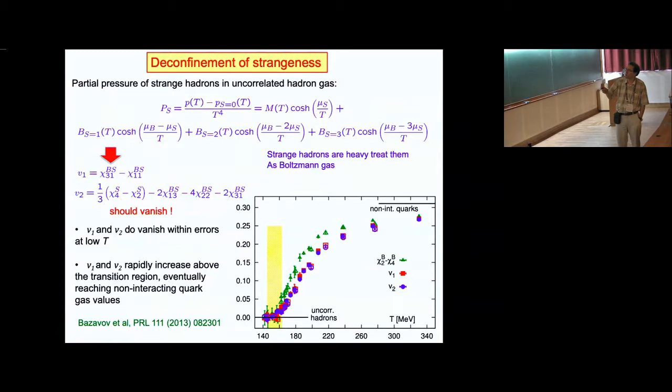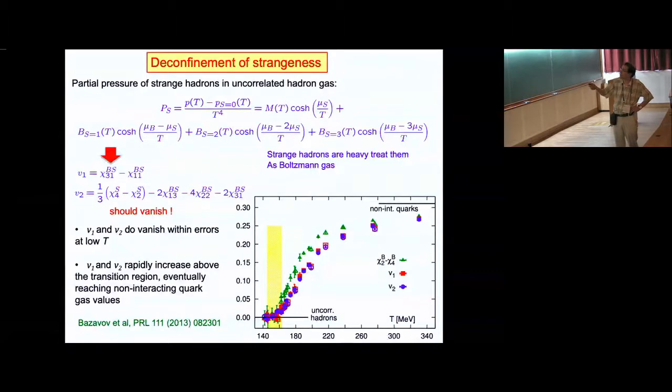The strange baryons come, of course, with strangeness 1, strangeness 2, or strangeness 3, so that's the omega, the cascade, and the hyperons. And if you really deal with heavy particles, with masses much larger than the temperature, the Hadron Resonance Gas becomes simpler, in the sense that the temperature dependence and the dependence on the chemical potential can be factored out.